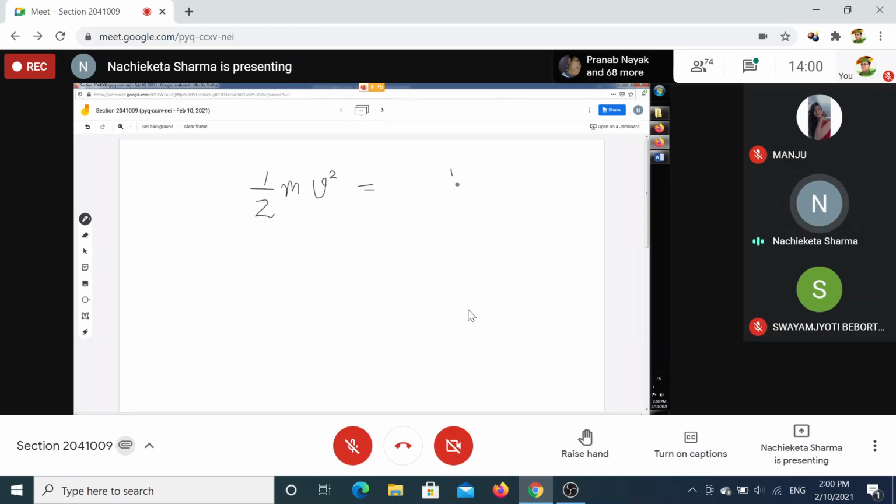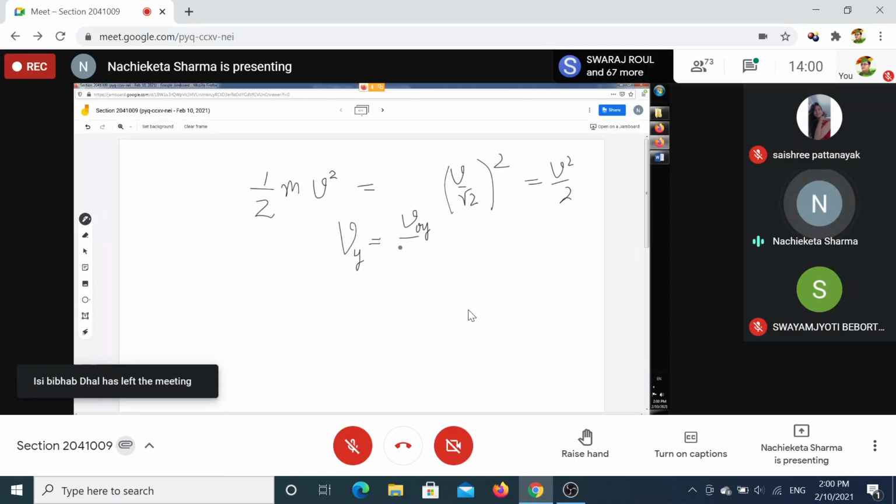The value should be v by root 2, because v by root 2 squared will be v square by 2, so that will make the kinetic energy half. So you have to find out at what time your Vy is going to be V naught y by root 2. That is very important.